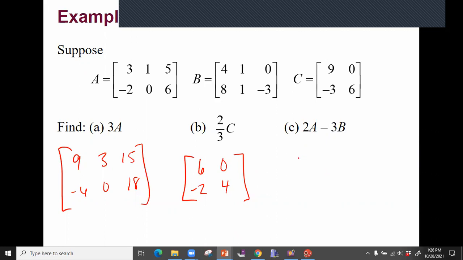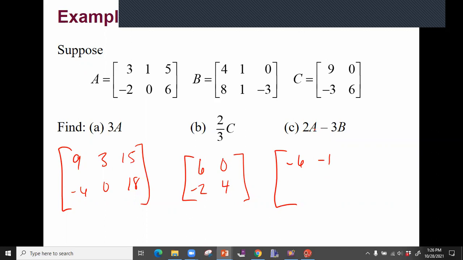All right, last one. You had to double everything in A, triple everything in B, and then subtract them. Is that accurate? So we have 6 minus 12, which is negative 6. Then 2 minus 3 gives me negative 1.